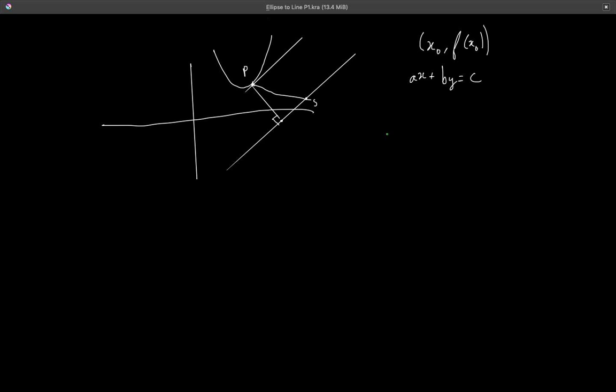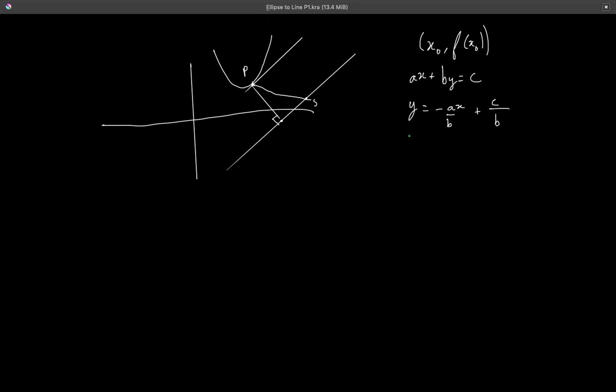So given that, we're going to find the equation of the line that's perpendicular to the given line and passes through the point with the coordinate x0, f of x0, which is point P. So rearranging this equation, we have y equals negative ax over b plus c over b.